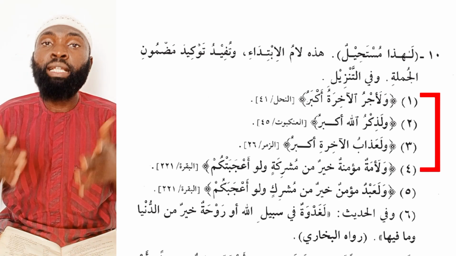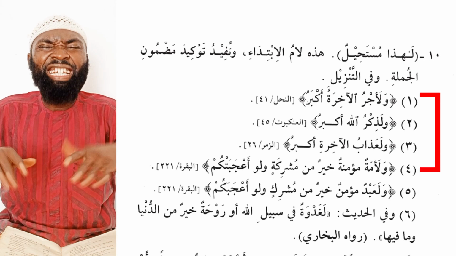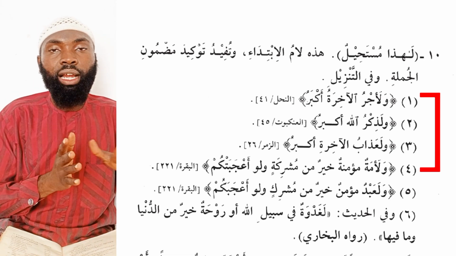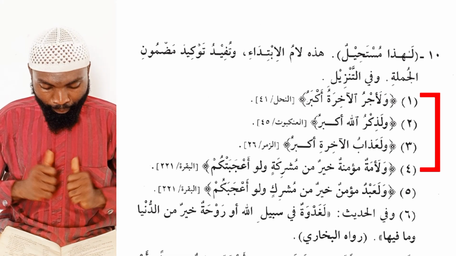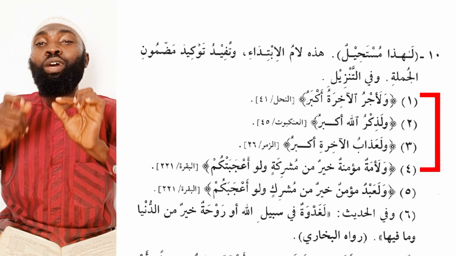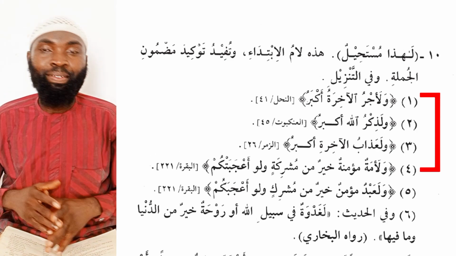So for the Muslim man to marry a believing lady is better for you than the mushrika, the idolater. So we can see the word la, wala amatun, and indeed.